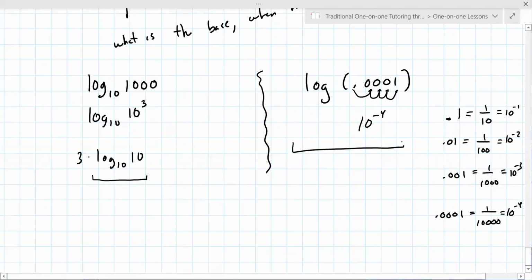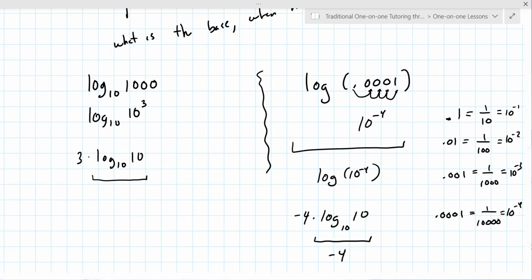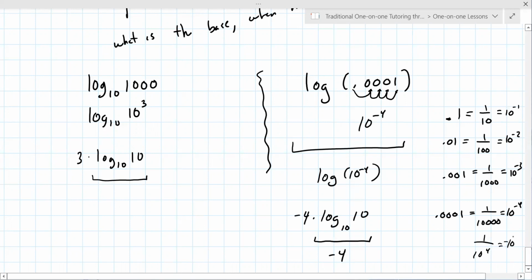What's the log of 10 to the minus 4? It equals 4, right? That negative 4 comes out in front. Negative 4 times log of 10. It's log base 10 of 10. Oh, it'd be negative 4. Yeah, negative 4. I thought the 4 became positive. So only if it's on the bottom, right? Like it's 1 over 10 to the 4th, but then when you bring it up, the exponent becomes negative, 10 to the minus 4.